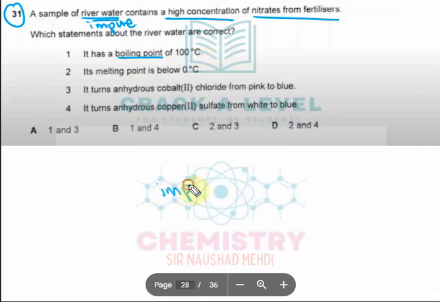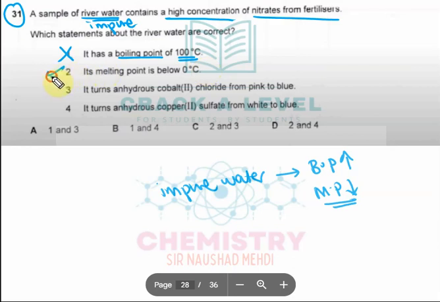Whenever impurity is added to a substance, the boiling point increases and the melting point decreases. So pure water has a boiling point of 100, but impure water would have a boiling point above 100 degrees. That would be correct. Similarly, its melting point is below 0 degrees. Yes, the melting point decreases. So this is correct.